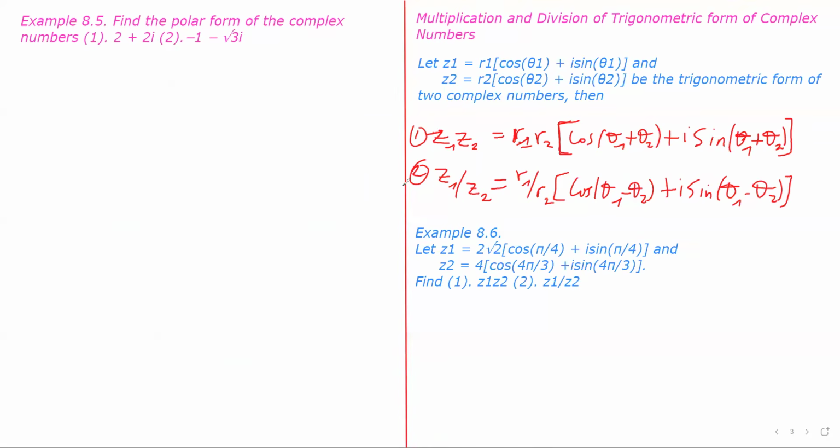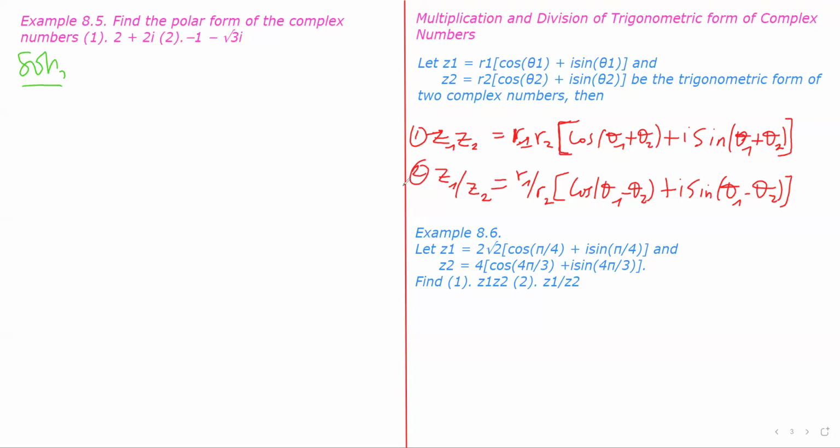Example: here we have 2 plus 2i, and we want to find the polar form of 2 plus 2i.